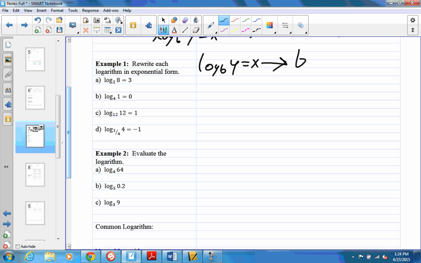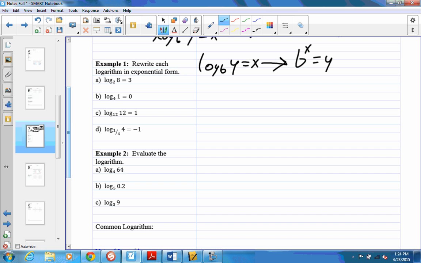B is still my base, and I'm saying b to the x equals y. So that's where my three variables go back and forth. I got b, y, and x. Look where they are in a logarithm: base b, log y equals x. b to the x equals y. That's just going back and forth.